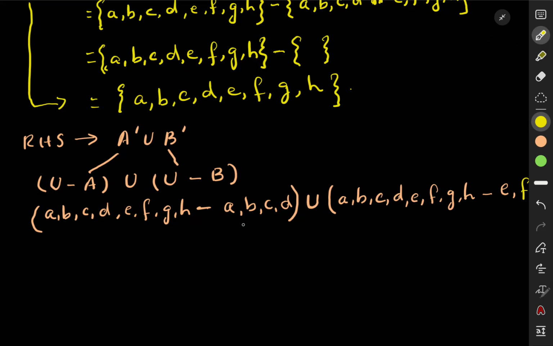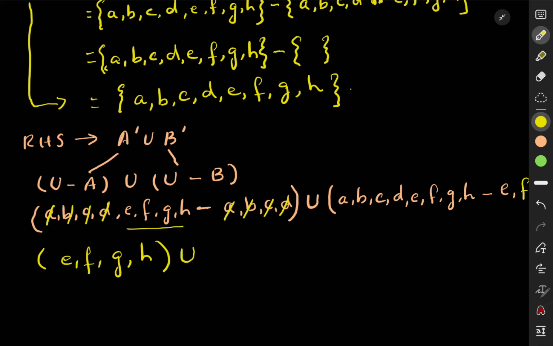Now in next step, what we will do here, we subtract U minus A, so the members of A will be removed from the members of set U. So A, B, C and D are removed from U set, and the remaining members are E, F, G and H. We write here.